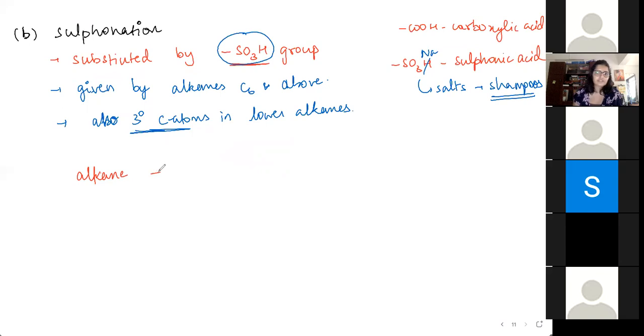What should your reagent be? What should I take here so that I get RSO3H, so that I get a sulfur? What reagent should I use?